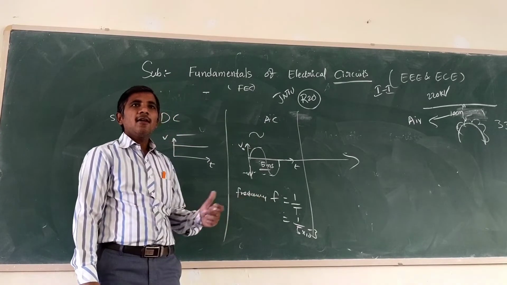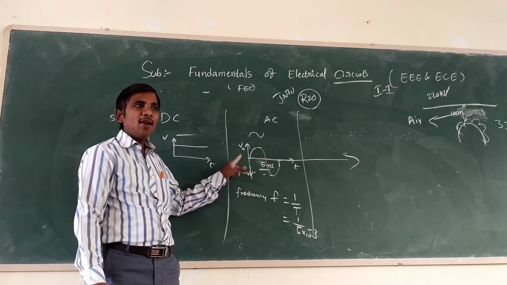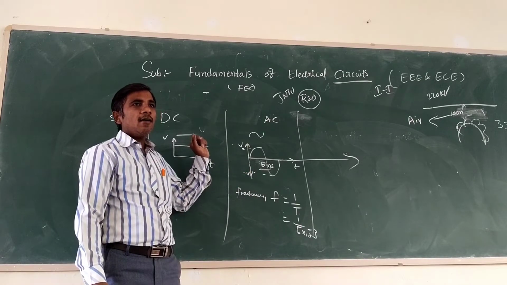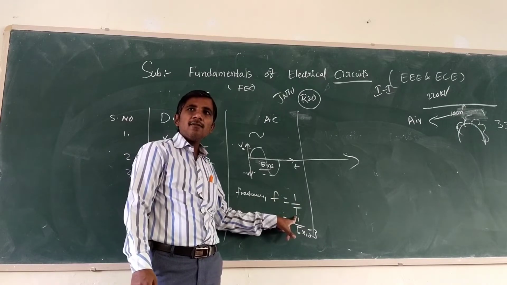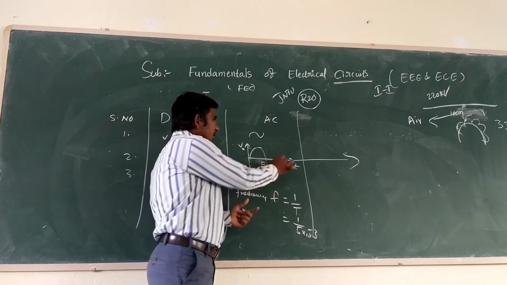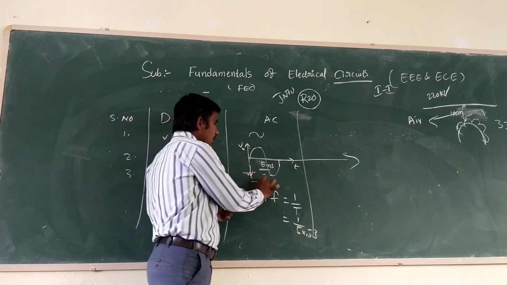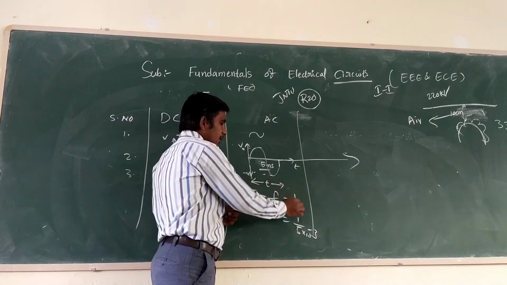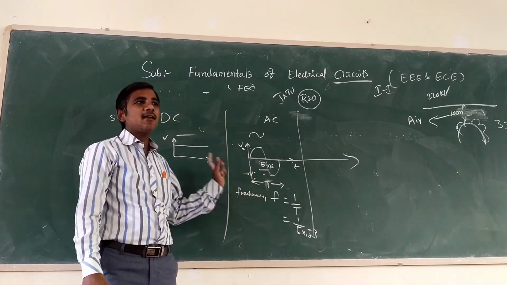Already you have written what frequency is: the number of cycles per second, where T is the time period. We have to consider the time period for one complete cycle.